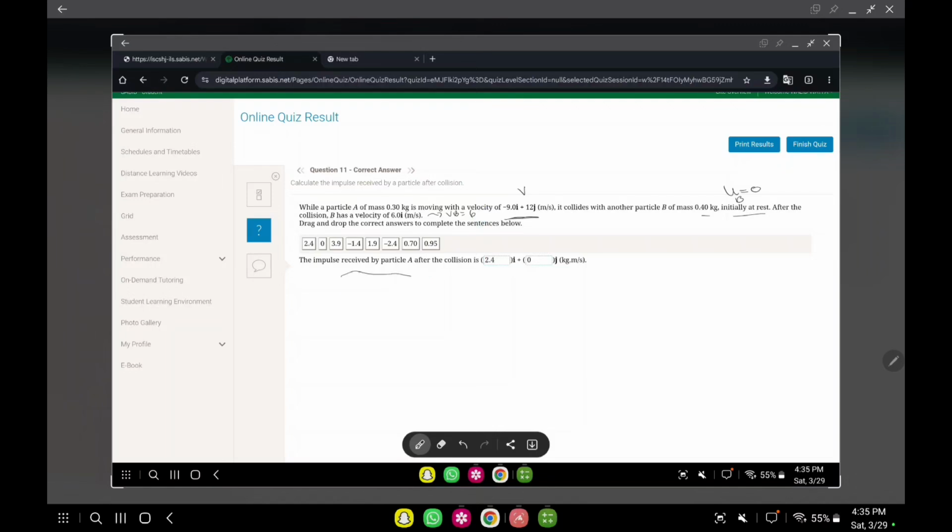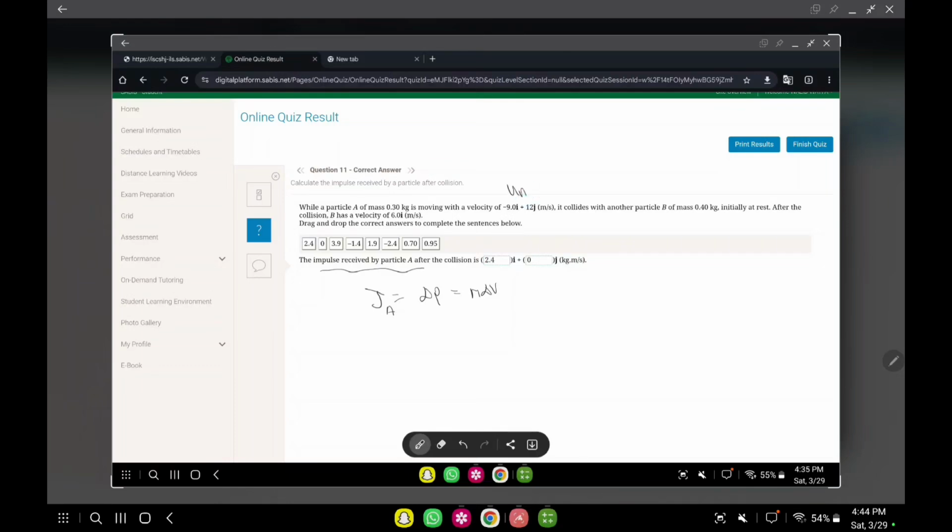Yalla, let's see. Over here they want you to find the impulse received by particle A. Now, do we have anything about force or time? No. So what do we say when there's no force or time for impulse? We say it's just a fancy way of saying delta P, which is m delta v. We're talking about A, but we need to find the final velocity of A. They didn't give it to us.